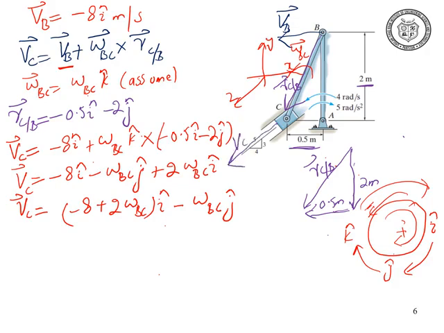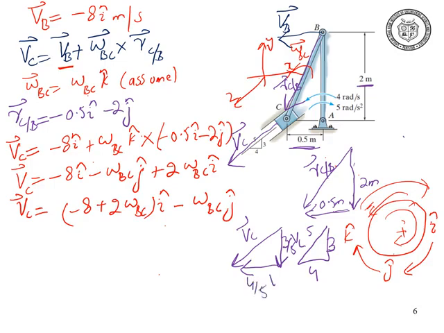As in the figure we can see, Vc is acting in this direction. It has two components, one acting in this direction, and another one in this direction. As given, we have a 3, 4, 5 triangle, so you can use this triangle to find the components. This will be 3 by 5 of Vc, and this will be 4 by 5 of Vc.